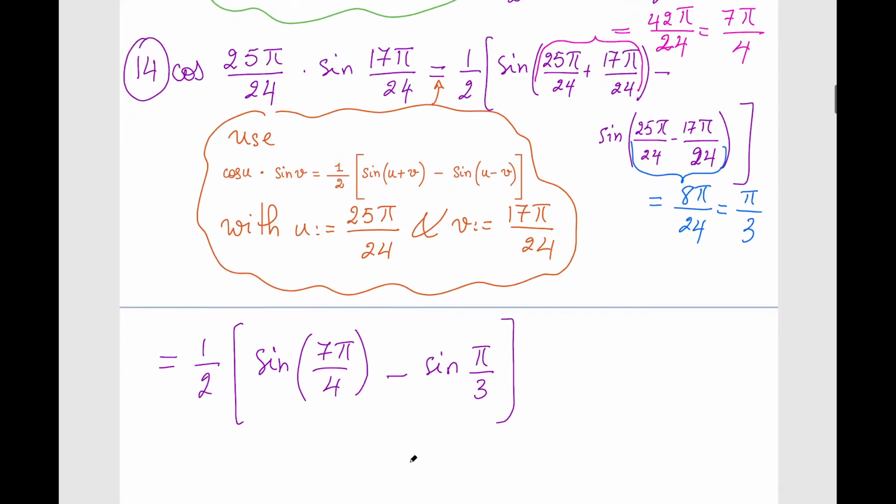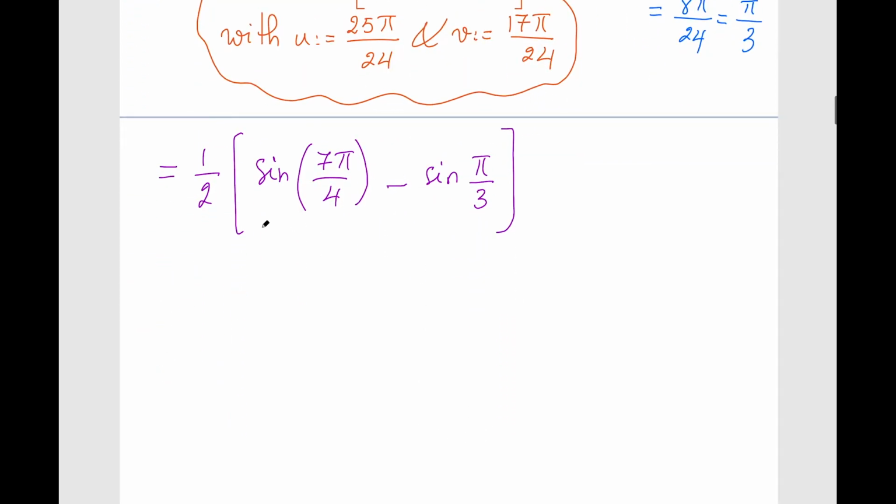So we have this sine of pi over 3. Pi over 3 is certainly a remarkable angle. What's sine of pi over 3? Well, this is square root of 3 over 2, correct? All right, and 7 pi over 4 is an angle in the fourth quadrant.